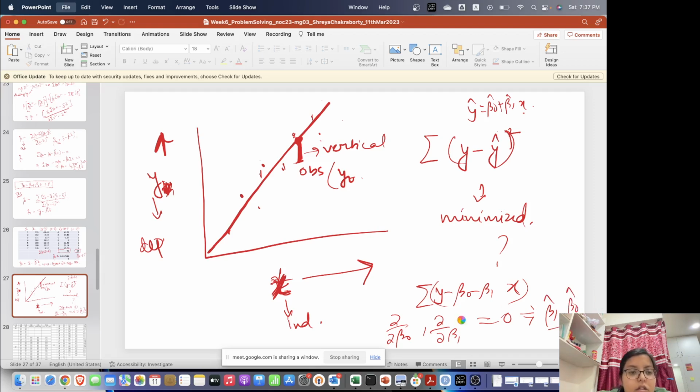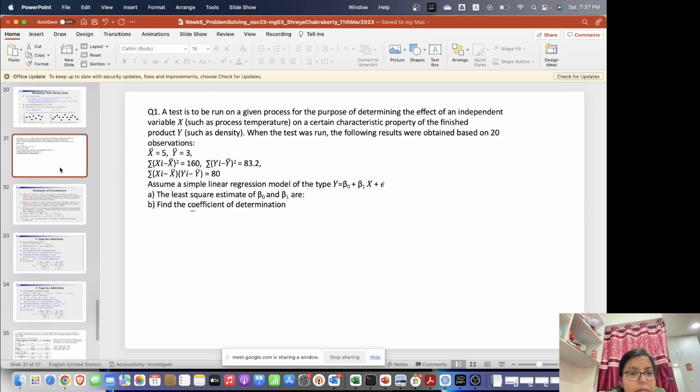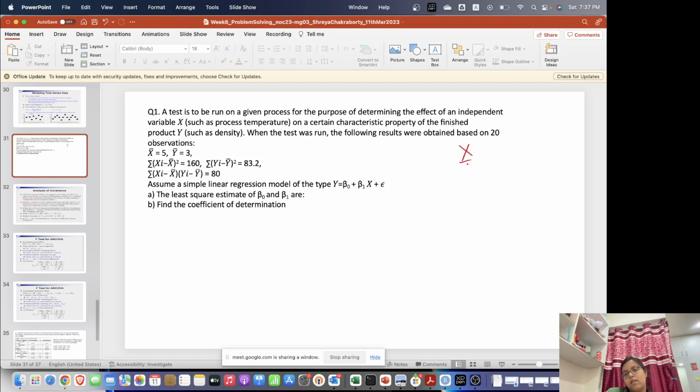Okay, so we'll do one more sum on this so that it is clear. Let's say we have these values given to us. We have some x's, x1, x2, xn, and some y's, y1, y2, yn.